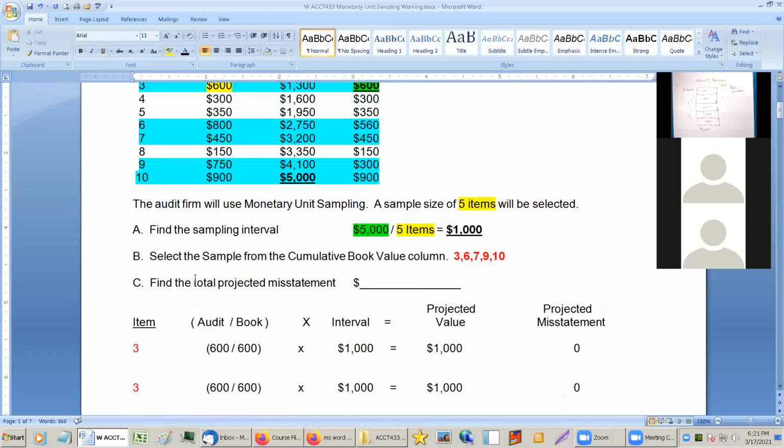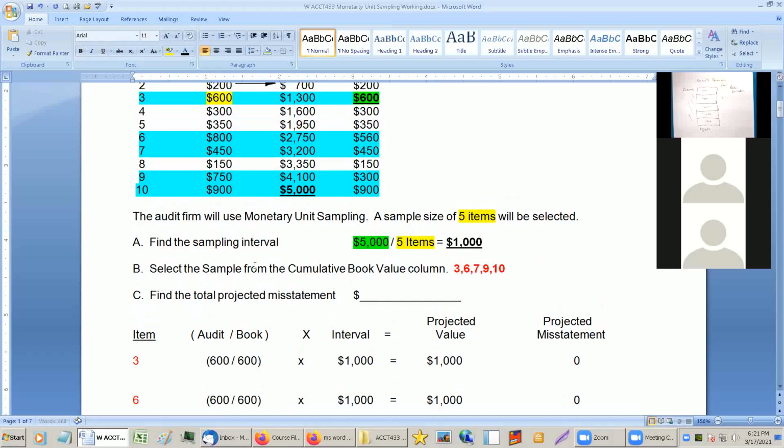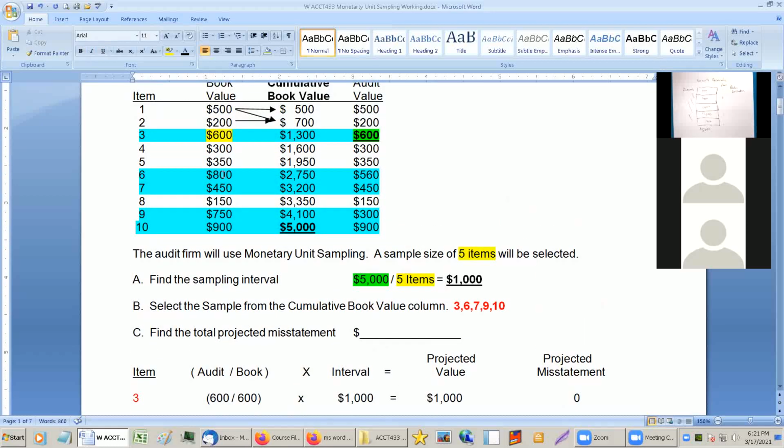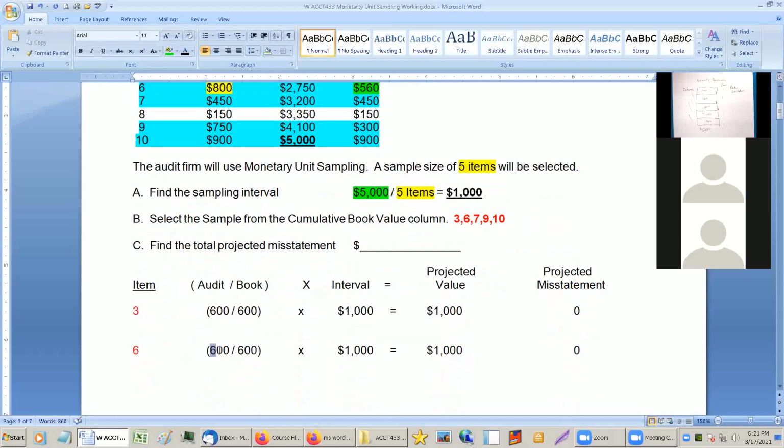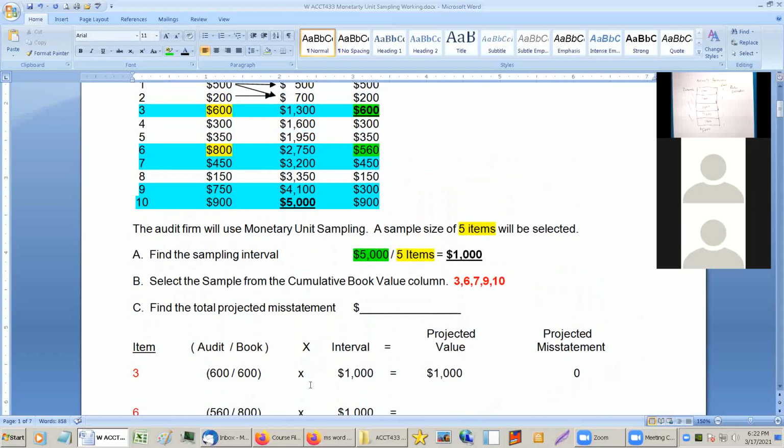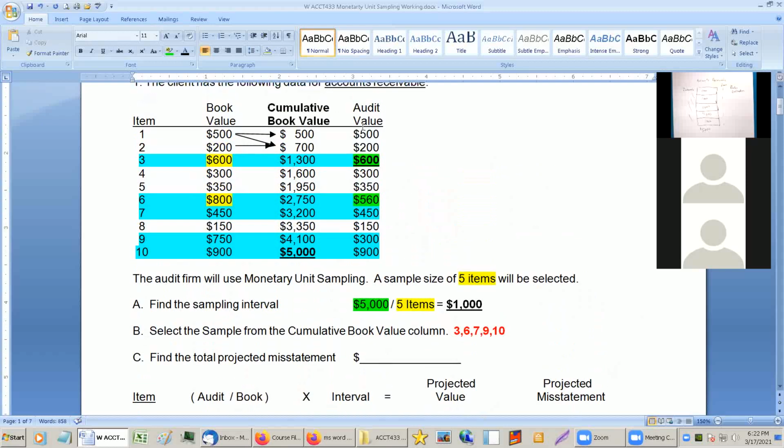The next one is number 6. The book value is 800. The audit value is 560. So audit over book: 560 over 800.